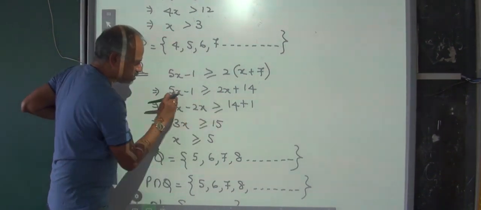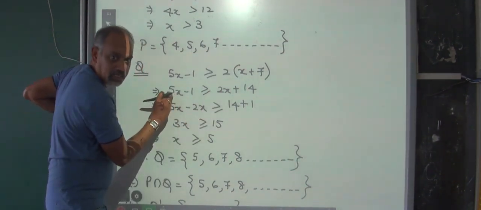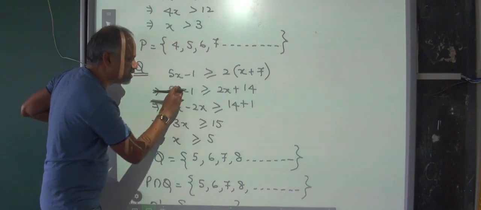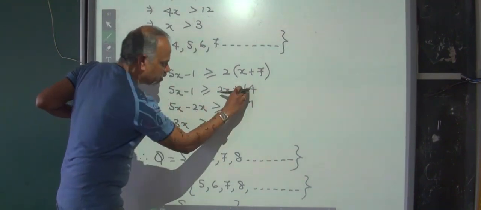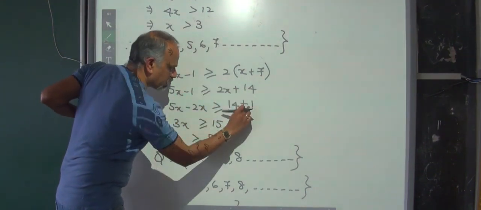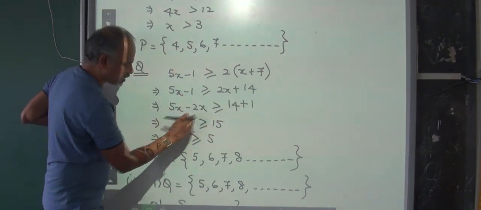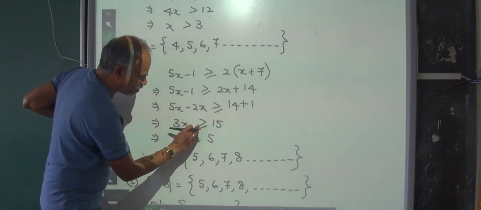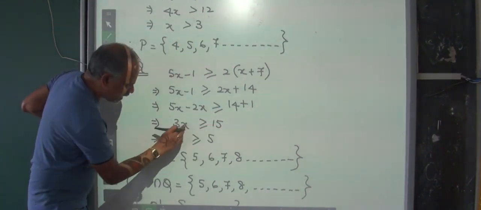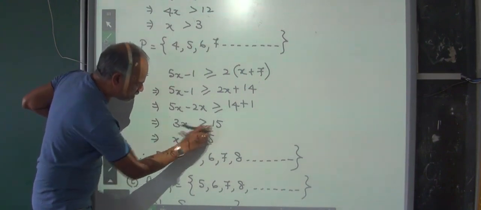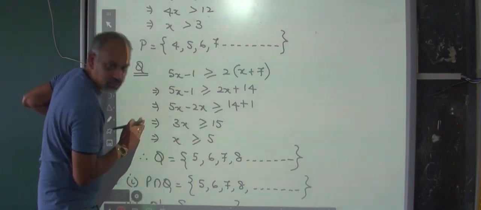There are two x terms. Out of these two, this is bigger and it is positive. Therefore, bring the 2x this side. 5x minus 2x is greater than or equal to 14, and this goes that side plus 1. 5x minus 2x gives you 3x is greater than or equal to 14 plus 1 gives you 15. Take the 3 that side. x is greater than or equal to 15 divided by 3 will give you 5.